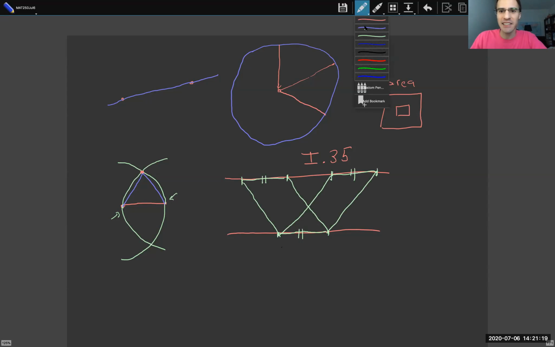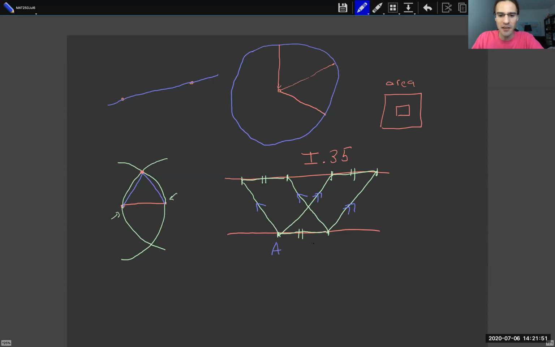And then how does he prove this, for example? Well, look, by definition, this segment of a parallelogram is parallel to this segment of a parallelogram, right? And this segment of a parallelogram is parallel to this segment of a parallelogram. So let's put some letters here.